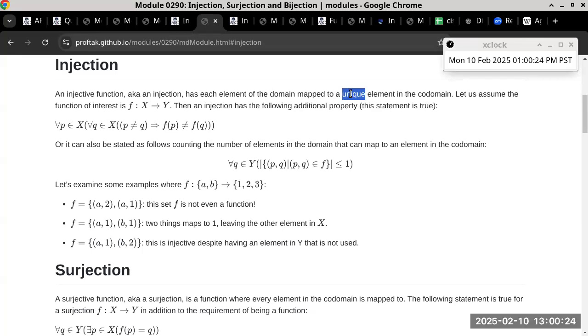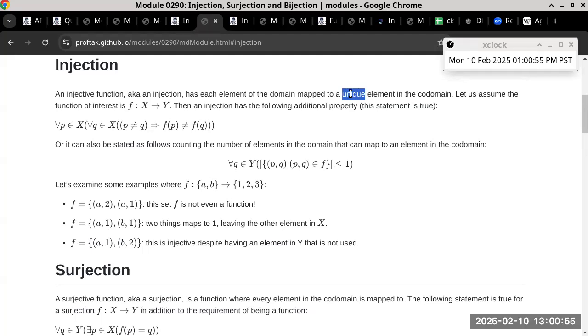So now we are counting three requirements. One, the function as a set has to be a subset of the Cartesian product between the domain and the codomain. First requirement. Second requirement, every element in the domain has to map to one and only one element in the codomain. Third requirement, every element in the domain has to map to a unique element in the codomain. So that's our additional requirement in order to make a function an injection.